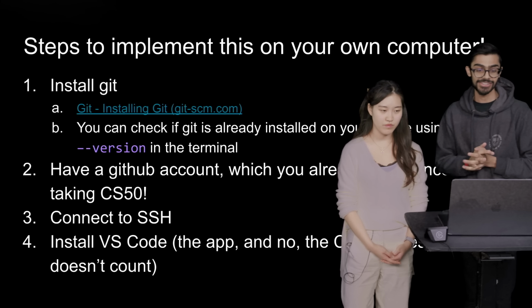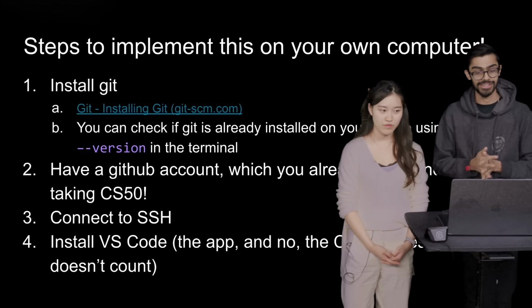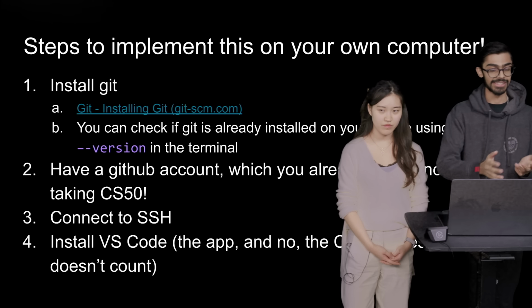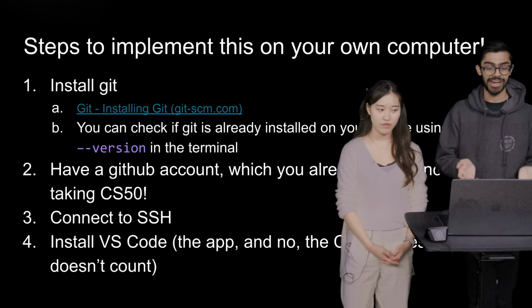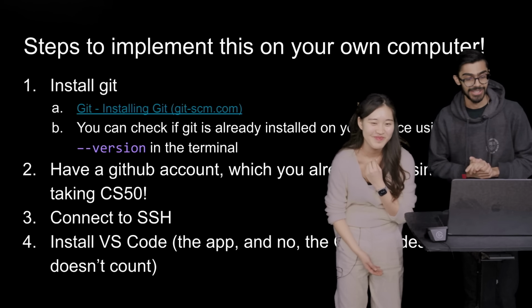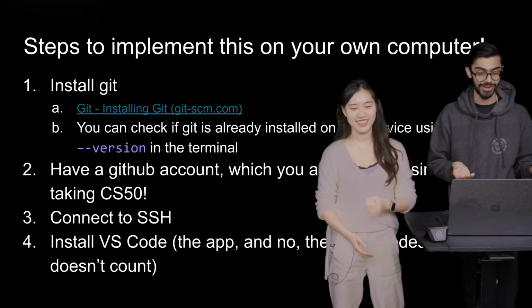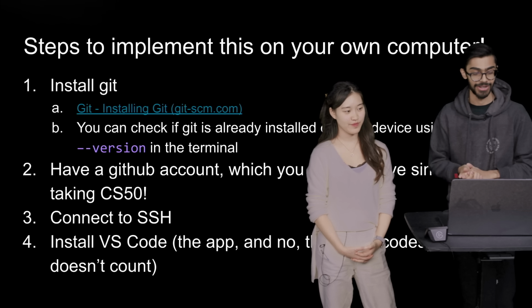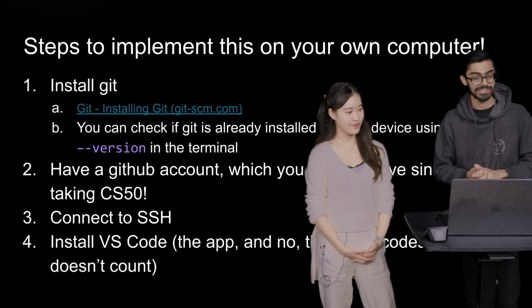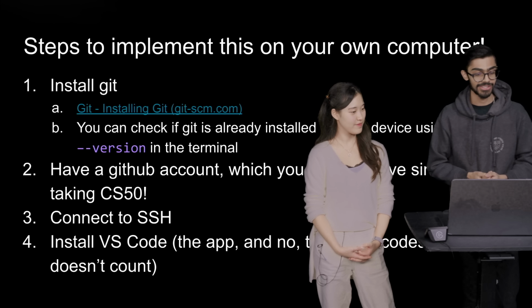In the event that it isn't, you'll want to go to the Git site. This link can be found by Googling, how do I download Git? And so this install is quite useful. If you have a GitHub account, and if you are taking CS50, you likely already do, you'll want to connect the SSH from your GitHub account to Git.